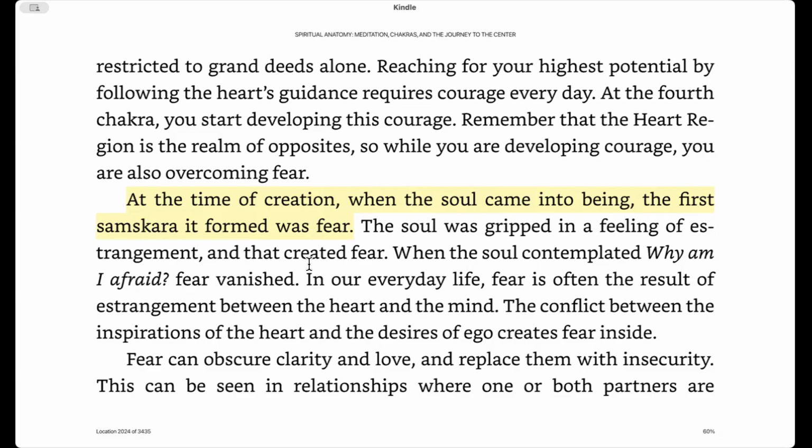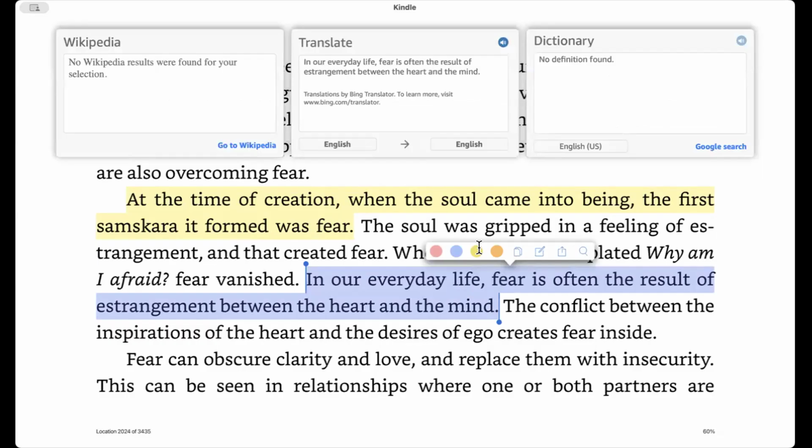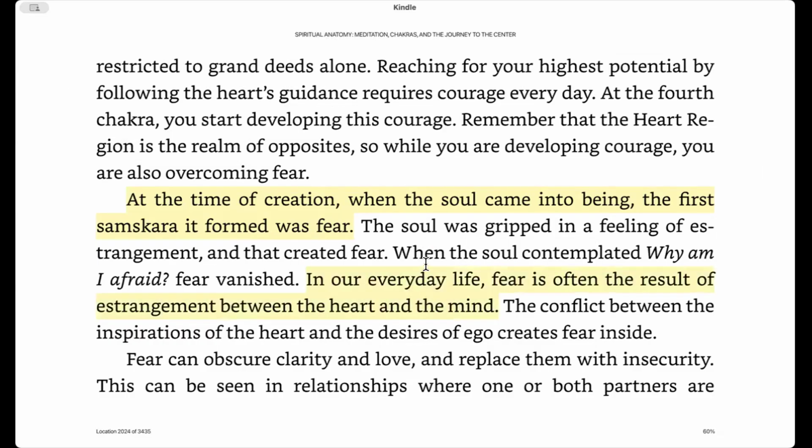In our everyday life, fear is often the result of estrangement between the heart and the mind. I'll read this again. In our everyday life, fear is often the result of estrangement between the heart and the mind. The conflict between inspiration of the heart and the desire of the ego creates fear inside.